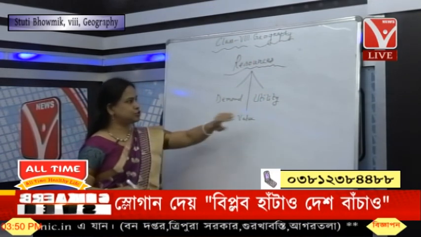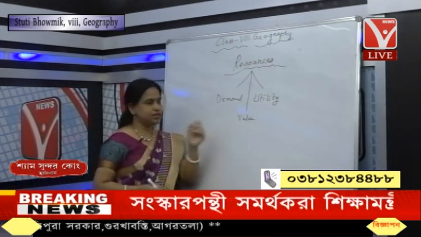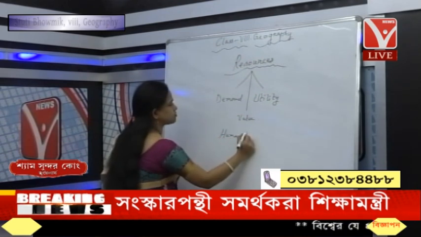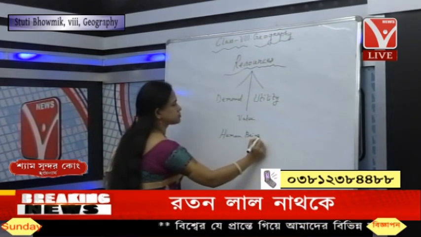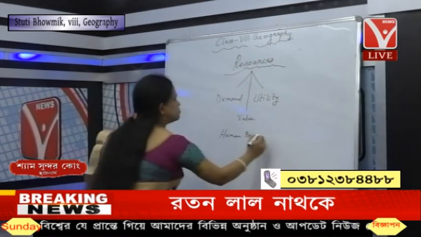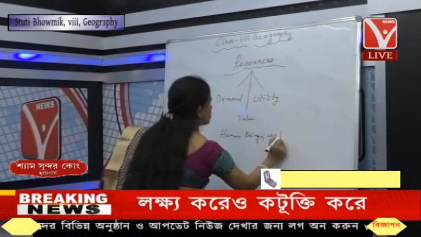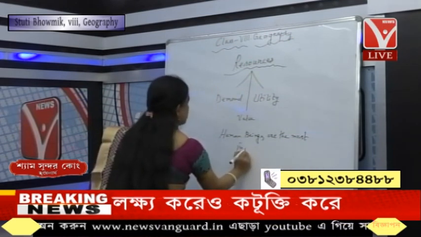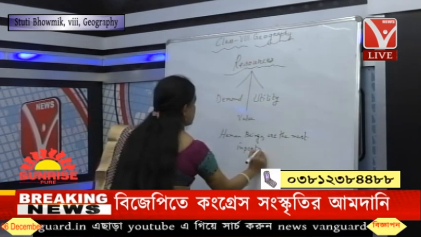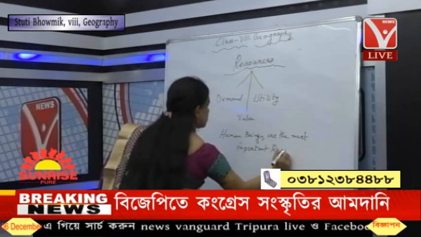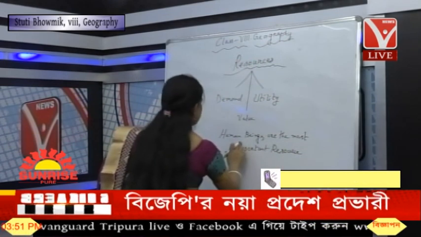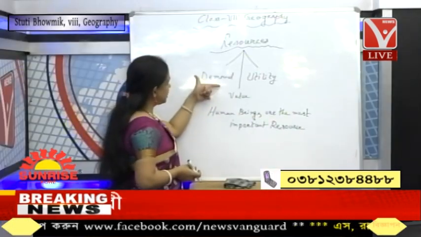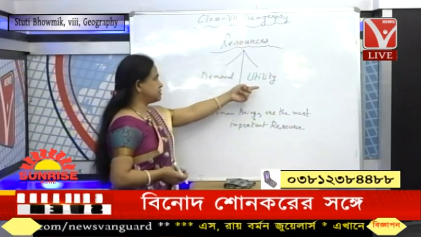It should have demand, it should have utility, it should have value. And which is the most important resource? Human beings are the most important resource. So we understand up to this much, that a resource becomes a resource with the help of demand. If there is demand, there is utility, there is value.